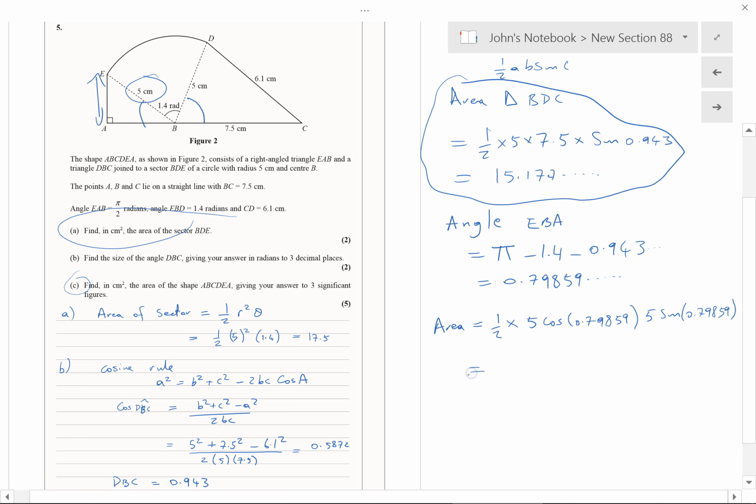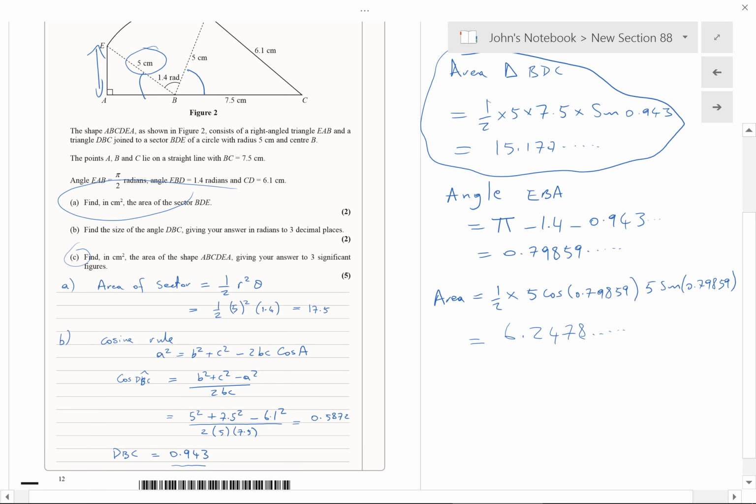When we work it out, making sure we get the areas right, it comes to 6.2 to 3 significant figures. Let's check again. Yes, I'm getting 6.2478 and some other stuff. So that's the area of those two.